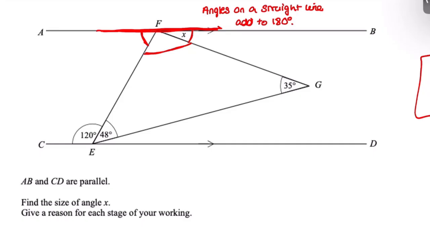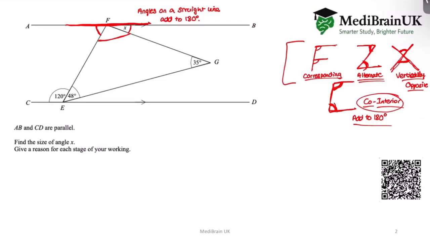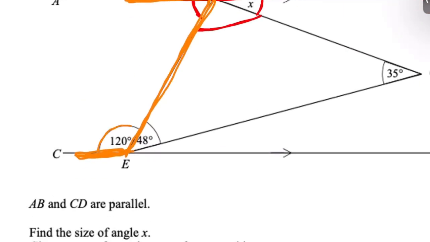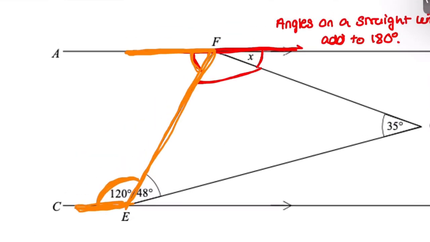Okay, so can we spot any shapes? I can spot this C shape being formed over here, and the opposite way around, another C shape. And what do we know about C shapes? We know that the angles within the C will add up to 180 degrees. So if this angle over here is 120 degrees, then this angle over here is going to be 60 degrees.